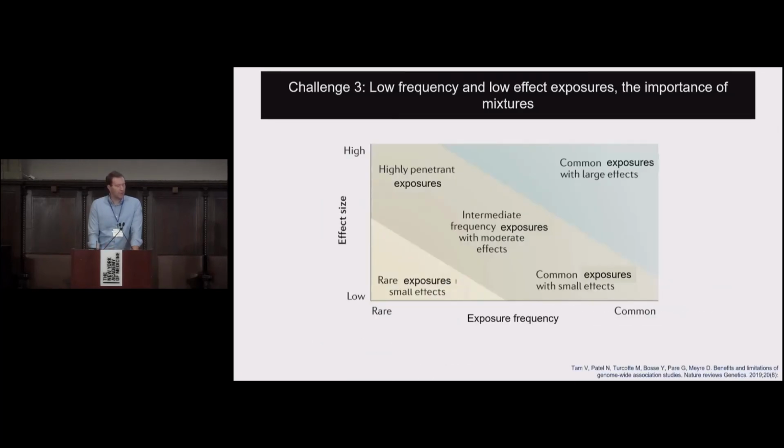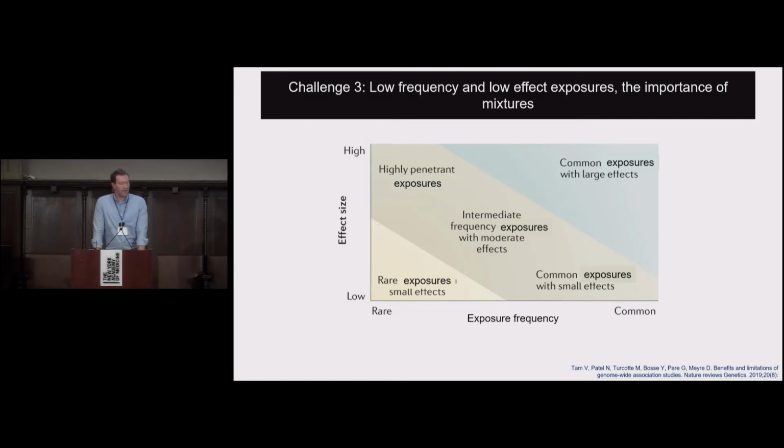And the last challenge we face is this concern about low frequency and low effect exposures. This is an example that was borrowed from genetics, where they talk about effect size and allele frequency. We know that many of the exposures don't occur uniformly across the population. Some are specific within certain populations, and others may have very strong effects and others very weak.